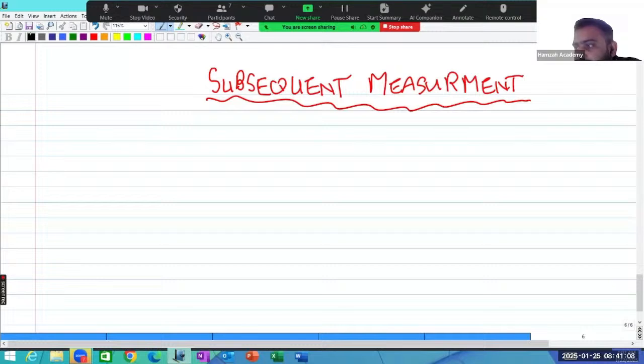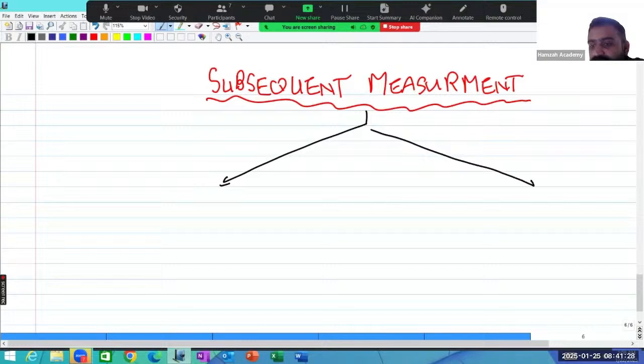And after the initial measurement, in subsequent periods, at the end of the reporting period, the company needs to decide what subsequent measurement they will use. In subsequent measurement, the entity has two choices, or two options.